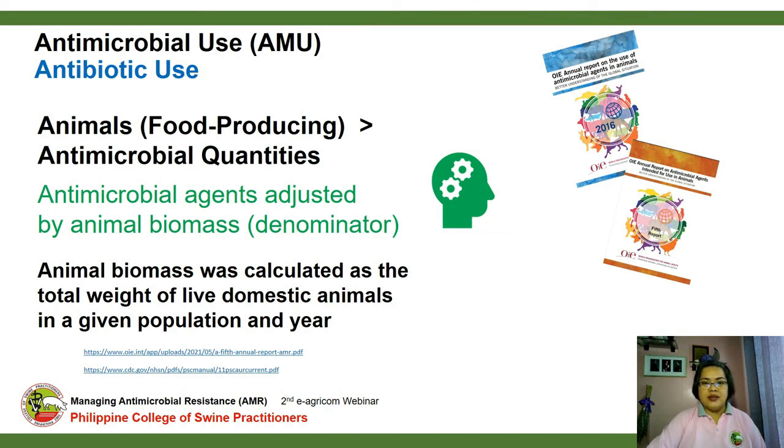That's why the OIE contextualized a denominator, the animal biomass, and it is now used in many AMU estimation methodology. This is true for both human antibiotic consumption data as well, and now in animal, especially for food-producing antibiotic quantities. The OIE provides calculation tables and biomass factors that can be used, so countries need to get a good grasp of our animal population numbers.